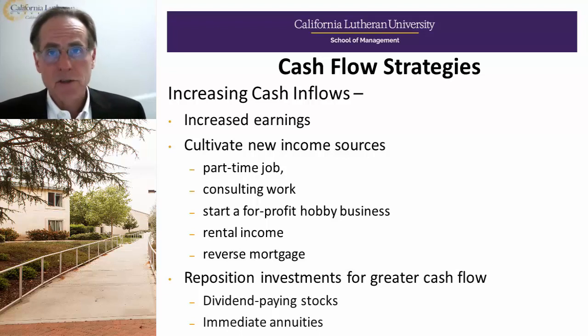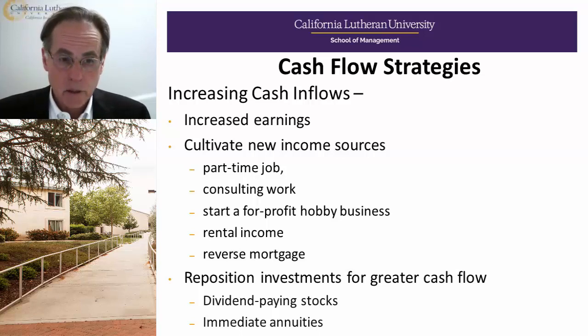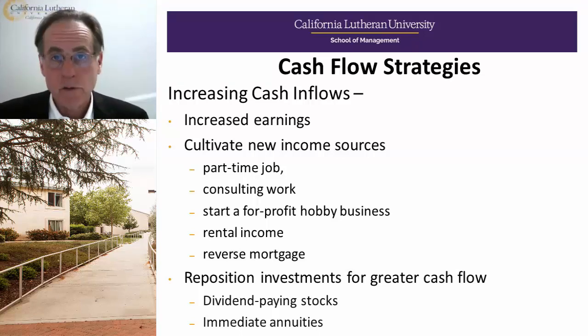Some of the strategies you might think about for increasing your client's cash flows could be increased earnings. And that could be the wage earner receiving bonuses, working overtime, perhaps moving to a new job that pays better for their skill sets, or perhaps even the non-working spouse going back to work to increase the family income.